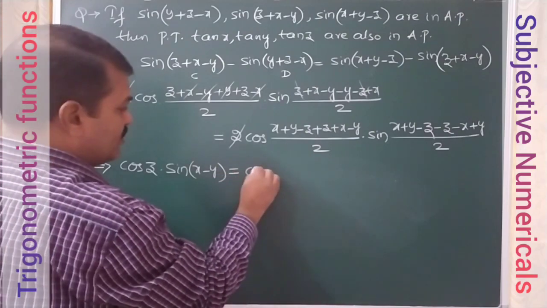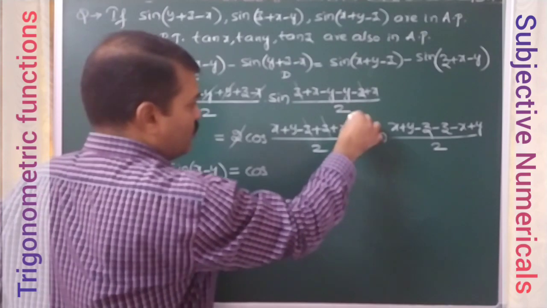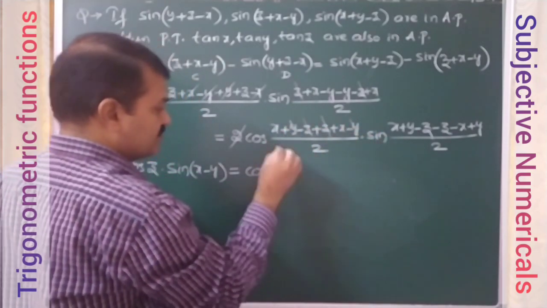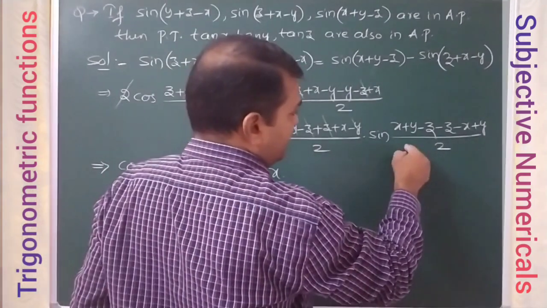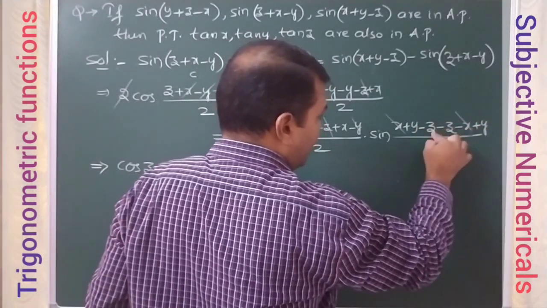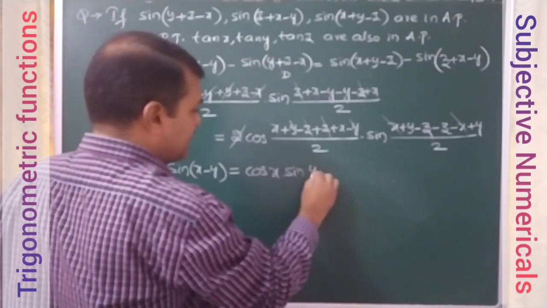That is equal to cos: here z cancels, y cancels, x plus x is 2x by 2, and in this x minus x cancels, so y plus y, 2y minus 2z by 2. So we will get y minus z.